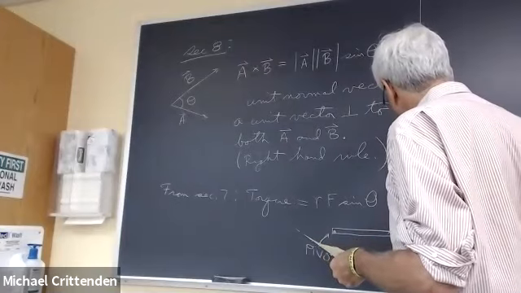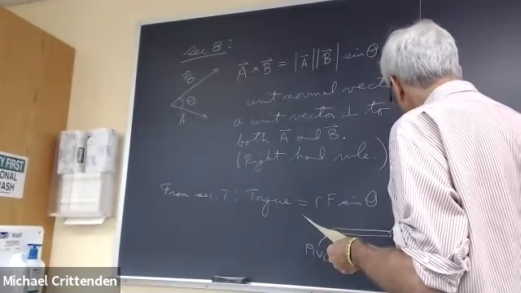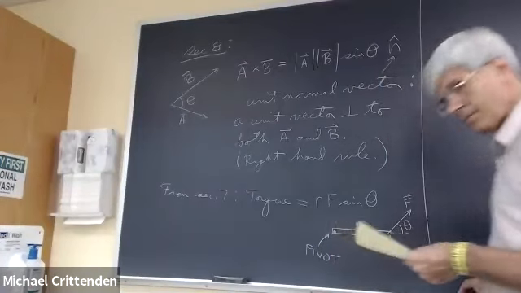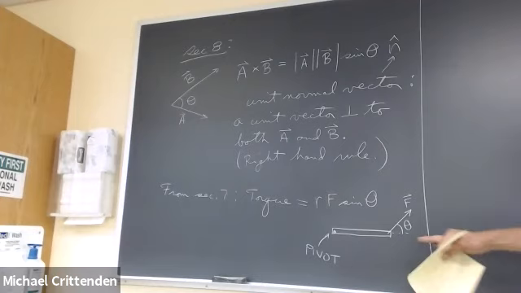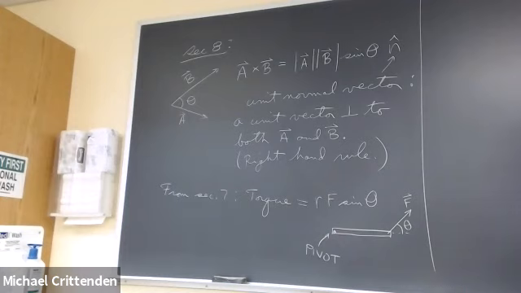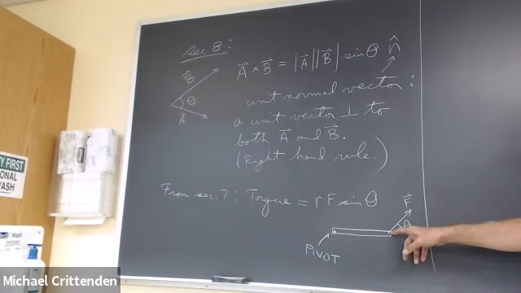There is some force acting at some angle relative to this lever. Theta could be anywhere from 0 to 180 degrees. And the radius vector points from the pivot to the point where the force acts.